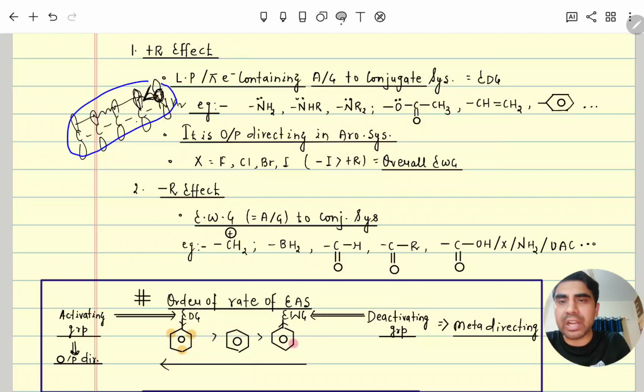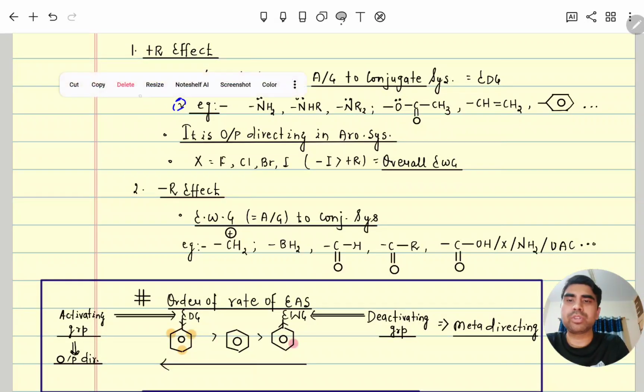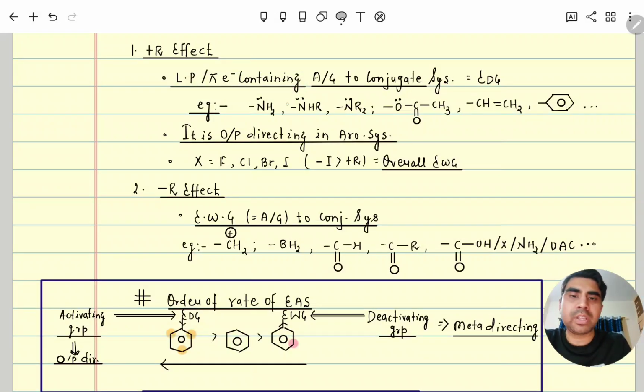So those attached atoms or groups, if they are giving electrons to the conjugated system, then it is called plus R effect. In gist you can remember, all lone pair containing compounds are plus R effect.